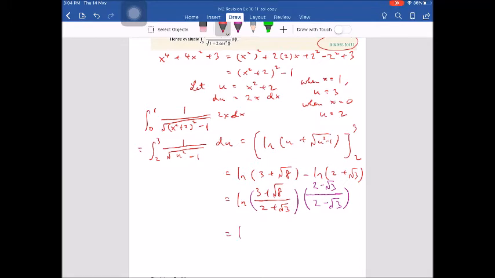You see that the denominator, which is 2 squared minus 3, is 1, and you don't have to write log of 1.